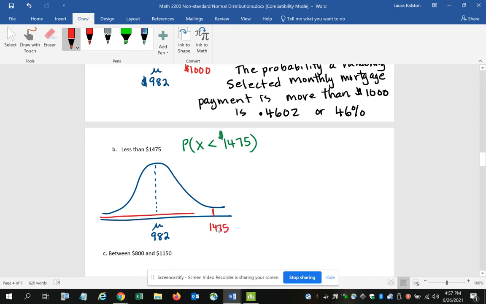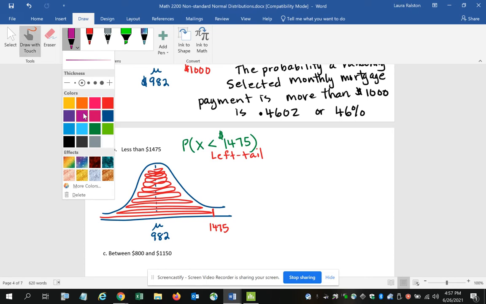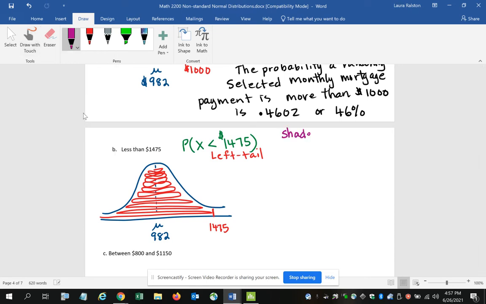So I'm actually looking for this big shaded region to the left. Less than would be to the left. So this is actually going to be a left tail test. Again, because I'm looking for the probability, and I'll emphasize it here for you, my shaded area is defined by the X value.